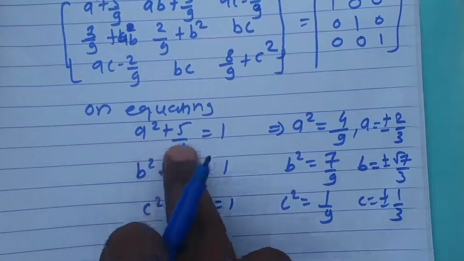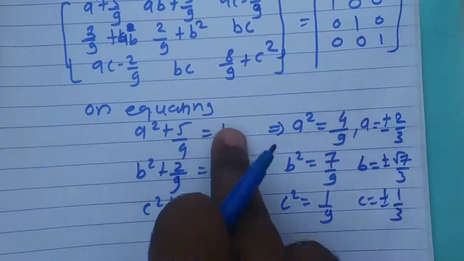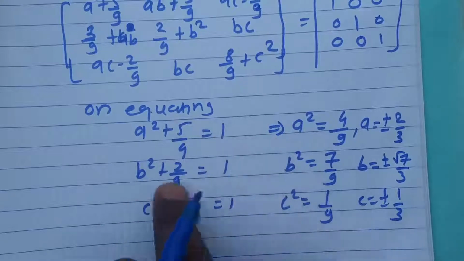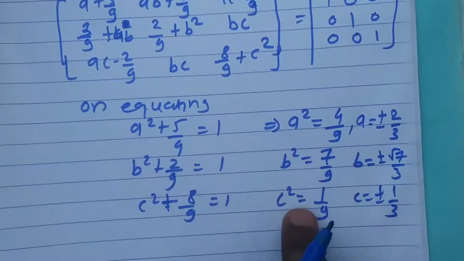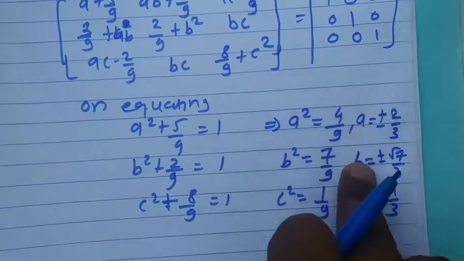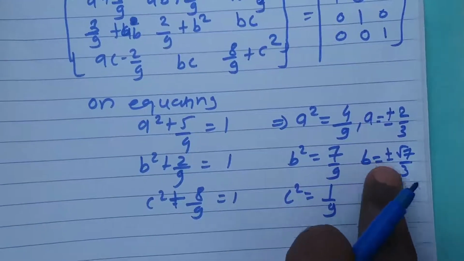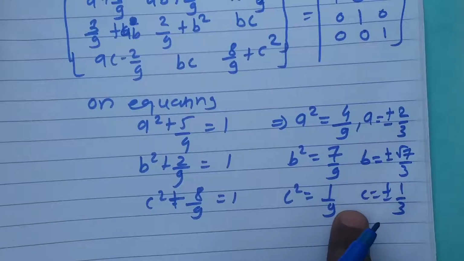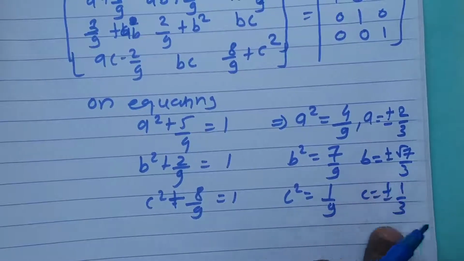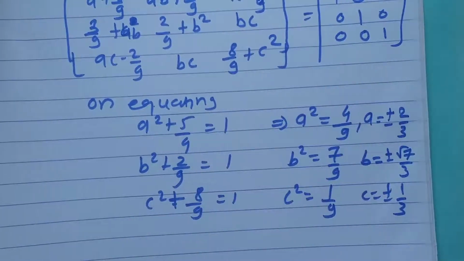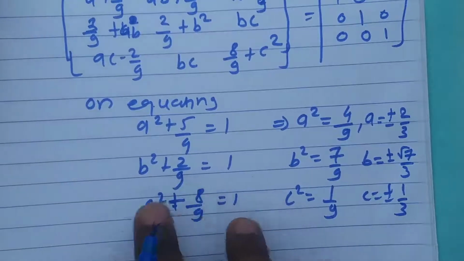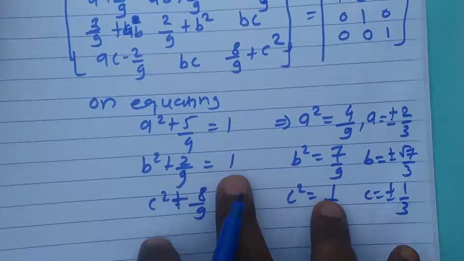So from this equation, you will get a square as 4 by 9. After shifting the 5 by 9 to this side, you will get b square as 7 by 9, and c square as 1 by 9. On taking the square root on both sides, you will get the value of a as plus minus 2 by 3, b as plus minus root 7 by 3, and c as plus minus 1 by 3. So this is how you can obtain the values of a, b, c by using the given condition that the matrix is orthogonal. This is not difficult.